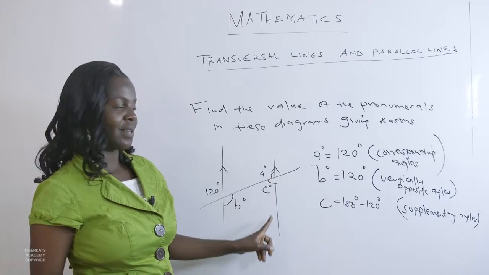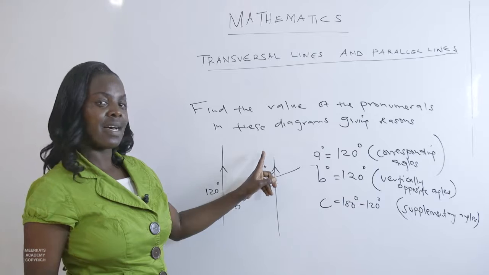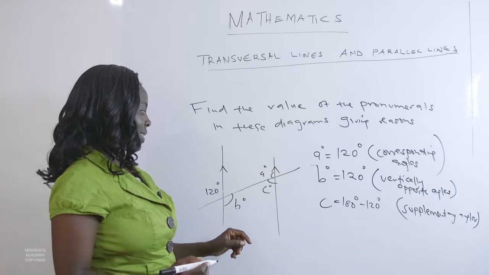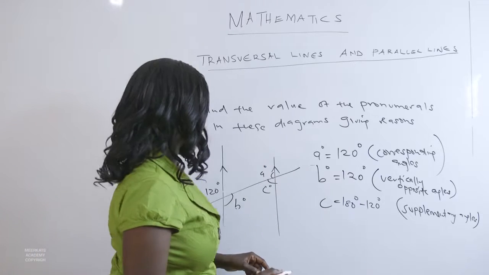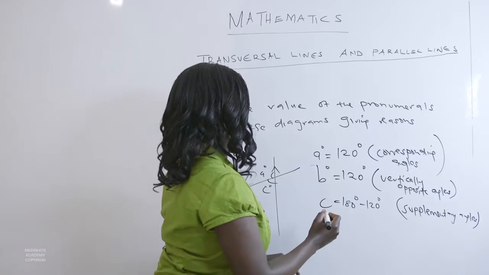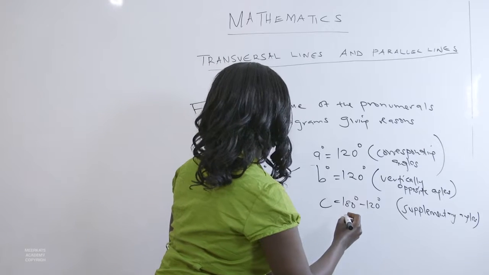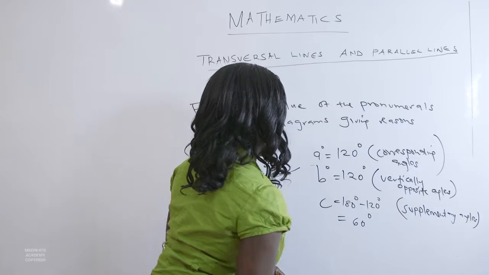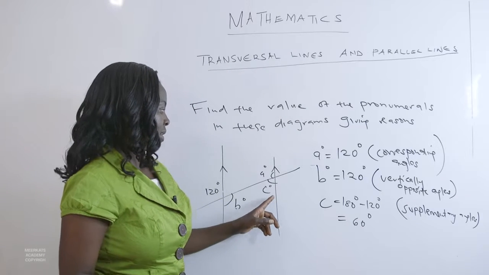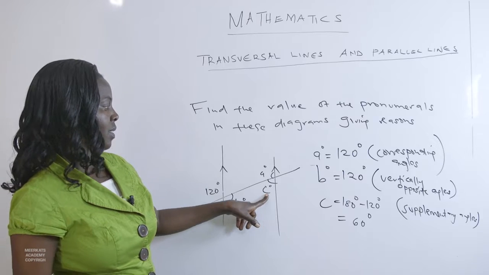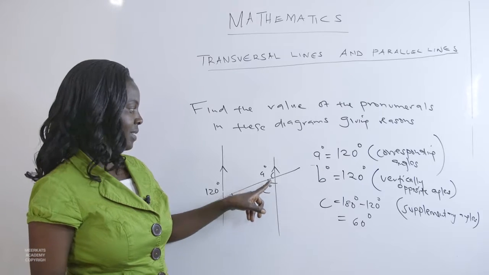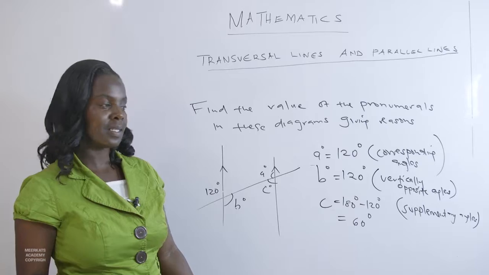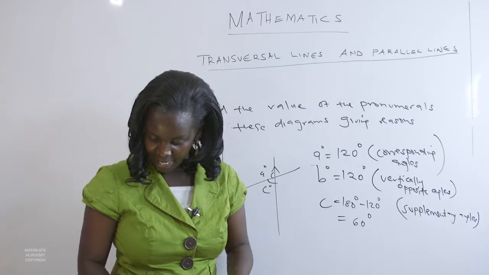We said angles of a straight line are supplementary. So that means C is 60 degrees, supplementary angles.